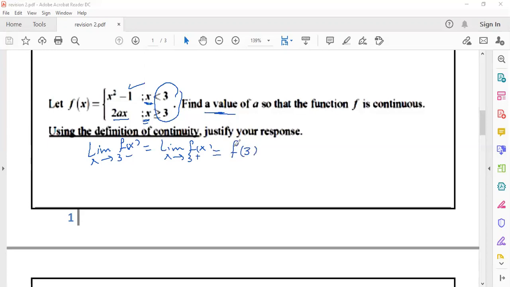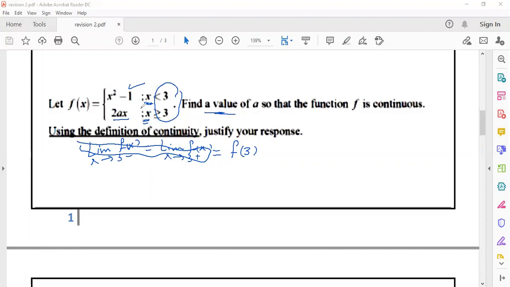I have to get an equation in a. By solving this equation, I will get a. I use this part of the definition of continuity: the limit from the left equals the limit from the right.